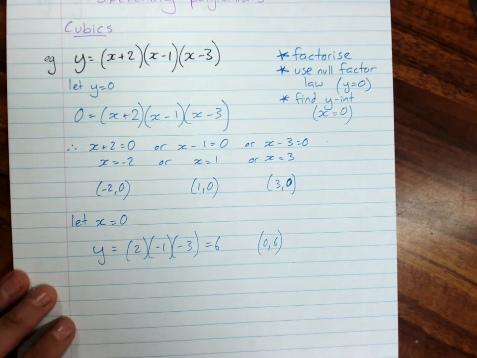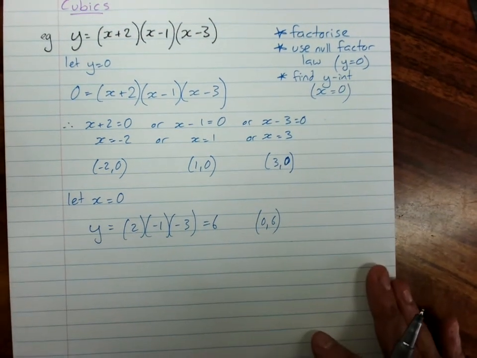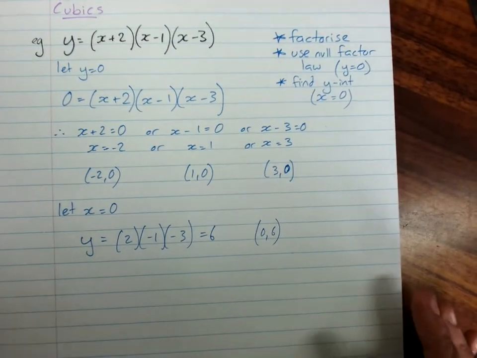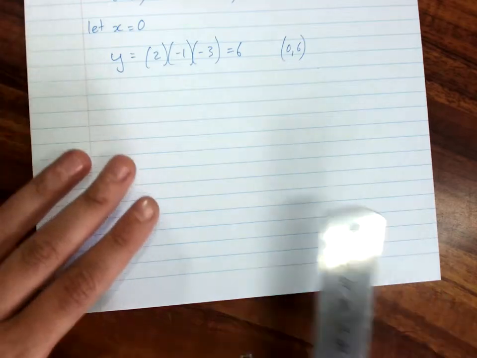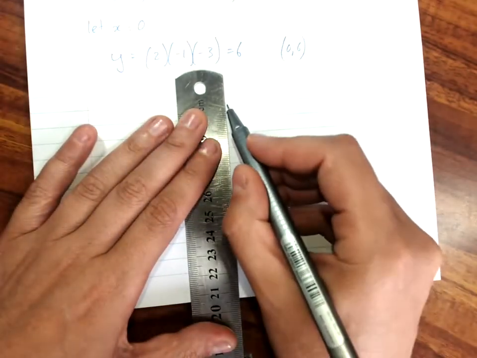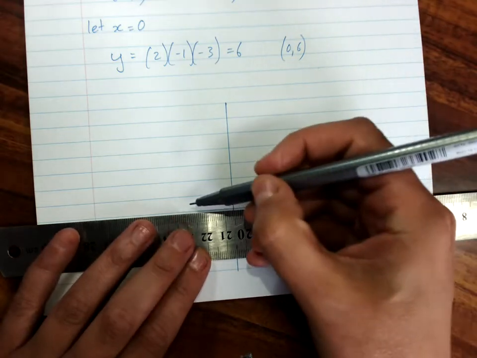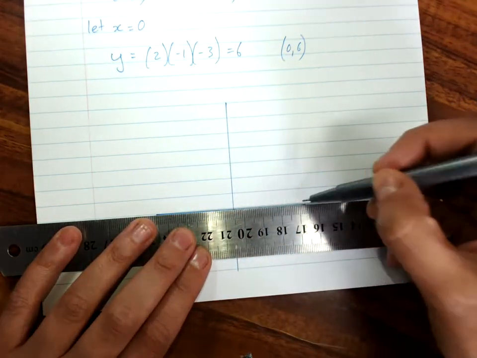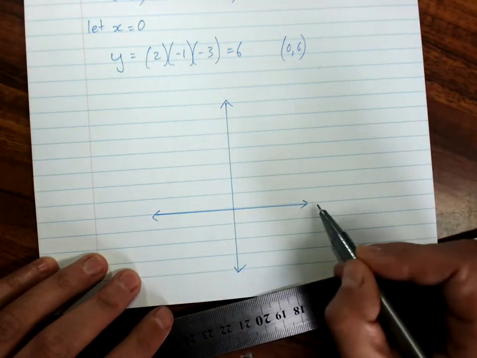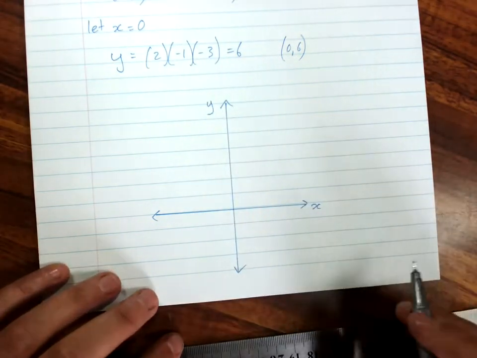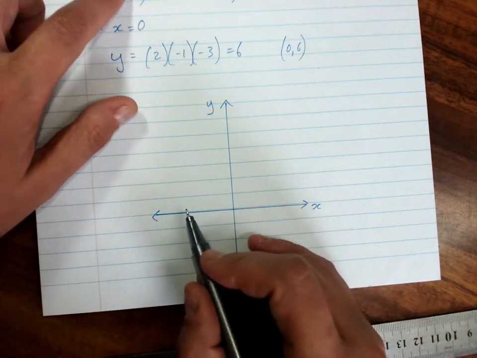Once you've got that information, sorry, that pen's getting a little light there. Mark those intercepts. Remember, we are sketching, so it's fine simply to label our axes and mark points that look reasonably realistic.